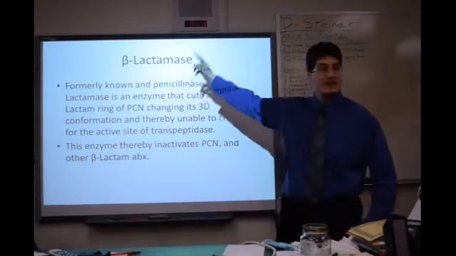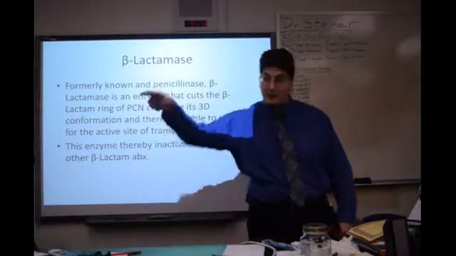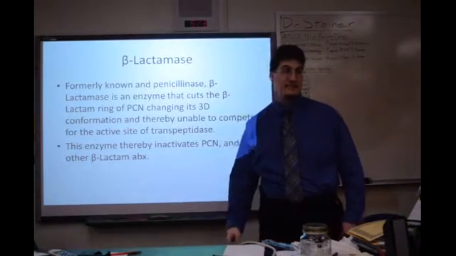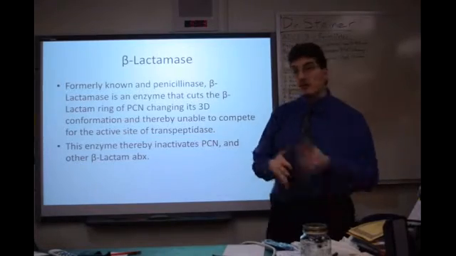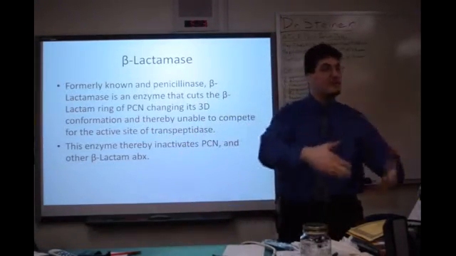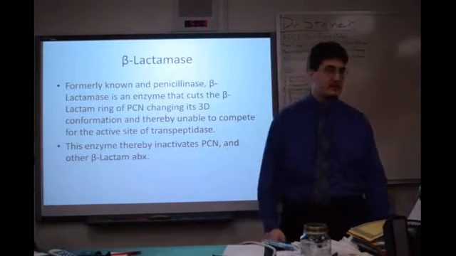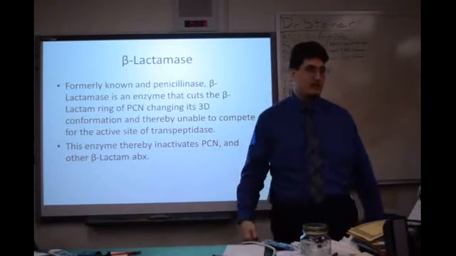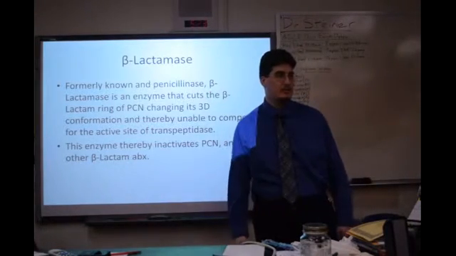Beta-lactamase inhibitors, like sulbactam, prevent beta-lactamase from cutting penicillin, which allows penicillin to do its job. You're basically hiring a bodyguard for penicillin. So you give penicillin-type antibiotics together with something else to prevent them from being chopped up before they get to do their job. That's a way you can combat resistance to antibiotics like penicillin by beta-lactamase: you give something to stop the beta-lactamase.